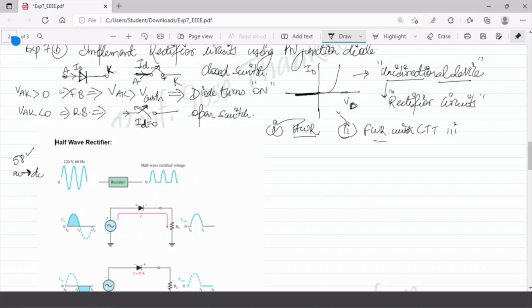And the third one is again a full wave rectifier with bridge circuit. Right, so let us see what is a half wave rectifier.